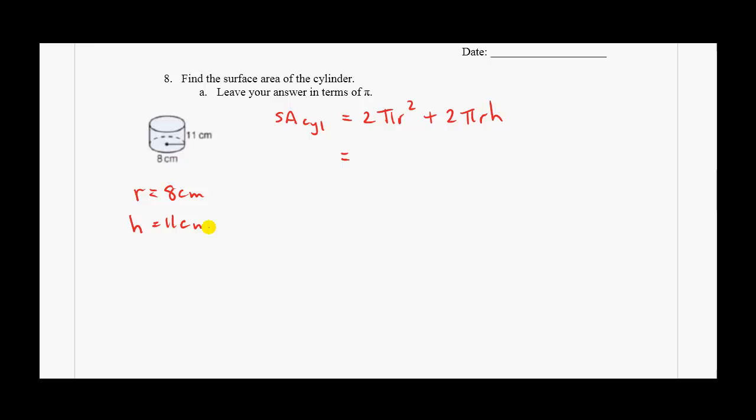We can substitute these values into the formula for surface area of a cylinder. Replace r with brackets, and inside the brackets 8, plus 2 pi and 2 more sets of brackets, substituting for r again with 8, and for the height 11.